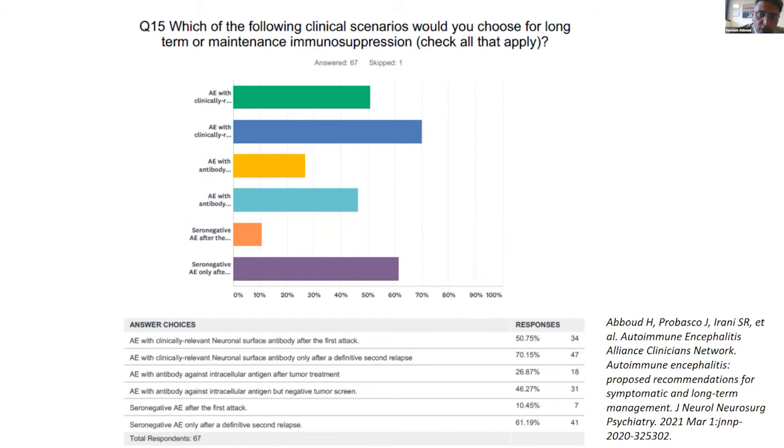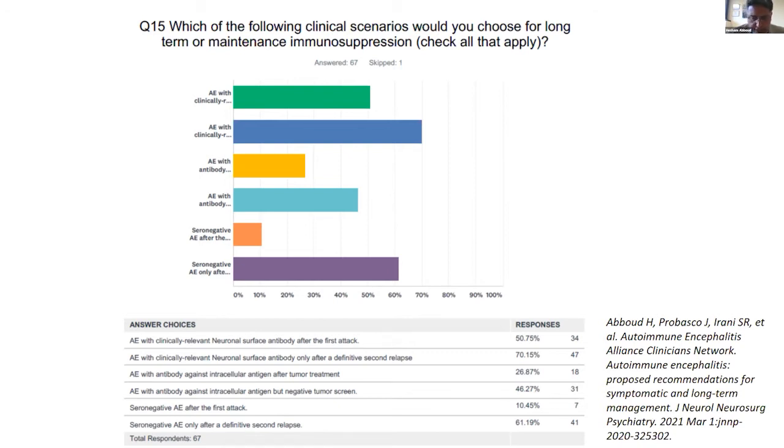This is actually one of the most important questions that were included in the survey, and it was a check-all-that-apply type of question. The question was, which of the following clinical scenarios would you choose for long-term or maintenance immunosuppression?